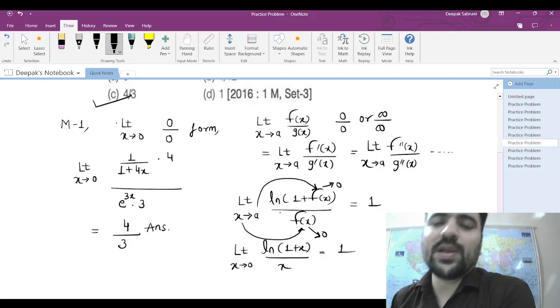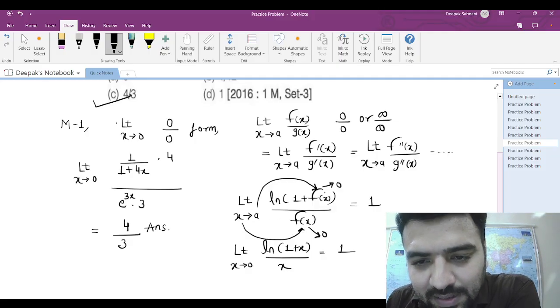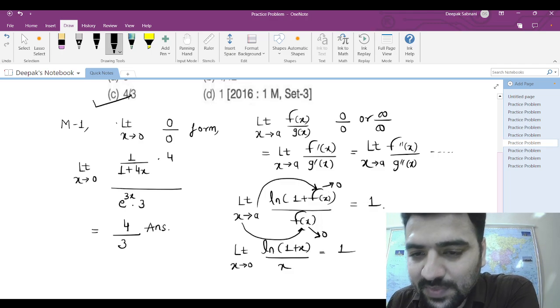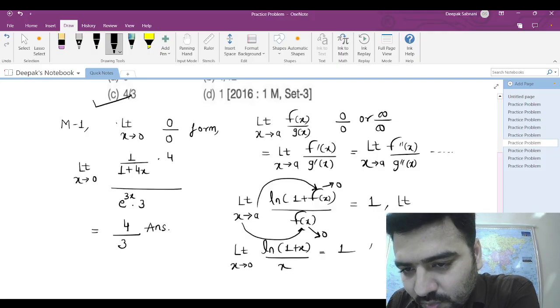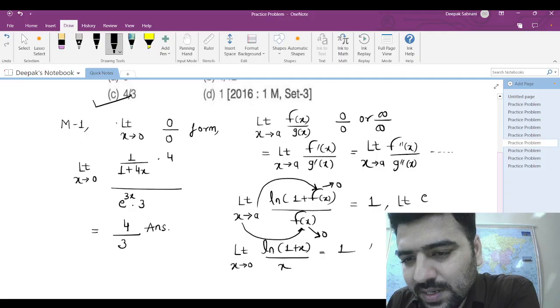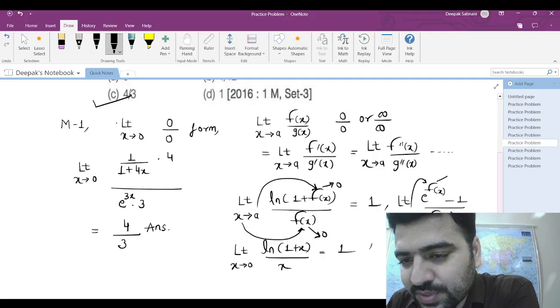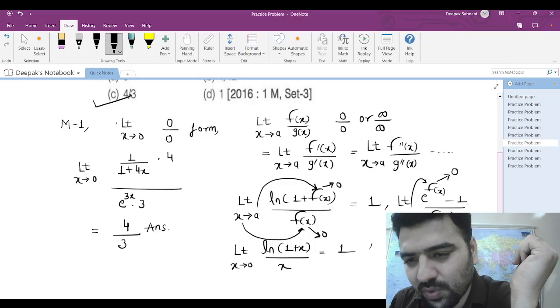So whenever you see limit x tends to a and ln of 1 plus some function inside tends to 0, then you can directly write it as f(x). Similarly, one more standard limit is limit x tends to a of e to the power f(x) minus 1 divided by f(x), where you have to remember that when x approaches a, f(x) approaches 0.